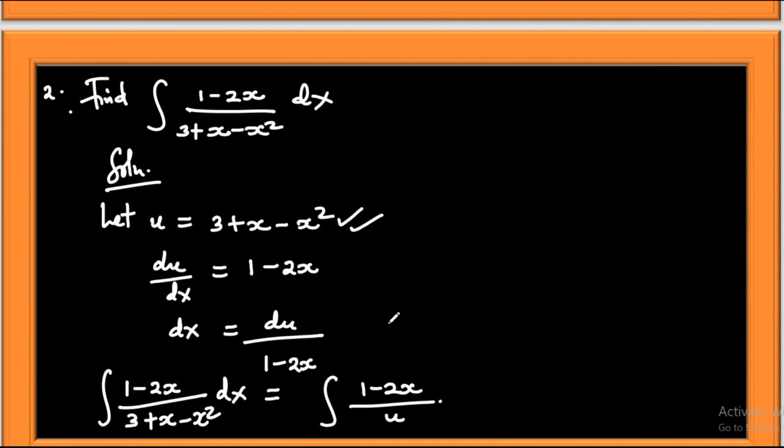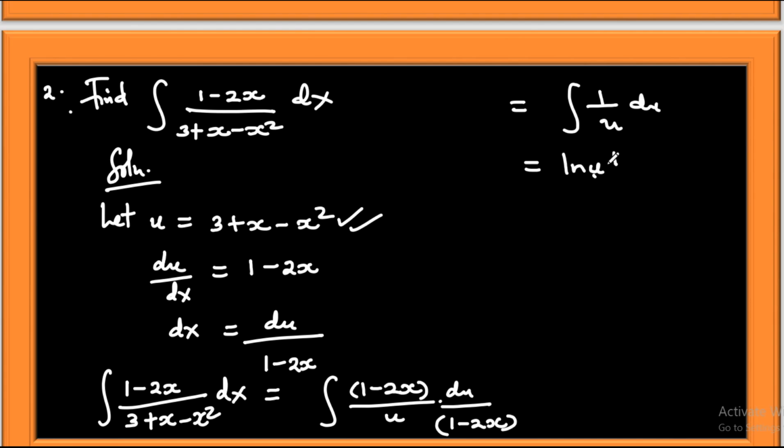Then dx becomes du out of 1 minus 2x. You realize again, 1 minus 2x can cancel out and we remain with the integral of 1 out of u with respect to u. And this means we shall get the natural logarithm of u plus a constant.